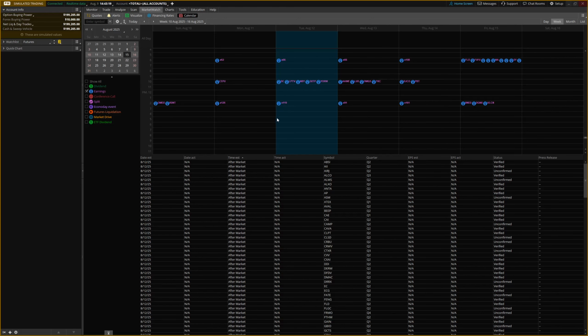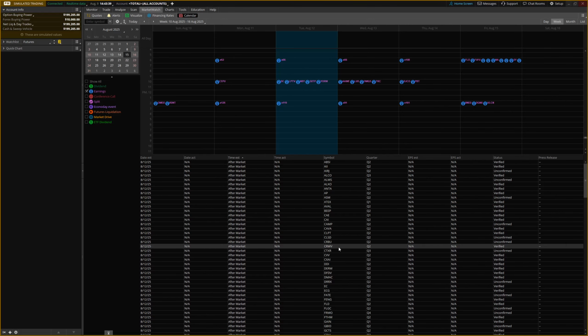So if they report after the bell that day, you go in 2 or 3 o'clock that day. If they report in the morning, you go in 2 or 3 o'clock the day before, et cetera. You want to be right before. You don't want any delta or theta exposure during the day. There's no point because you're trying to pin the strike, as you're going to see. The max profit comes from the strike.